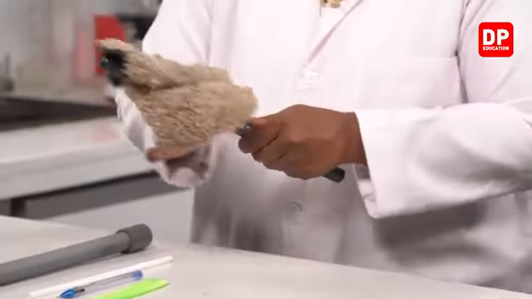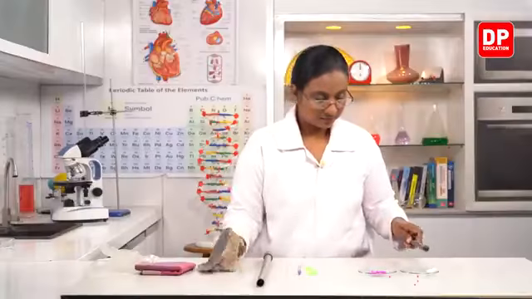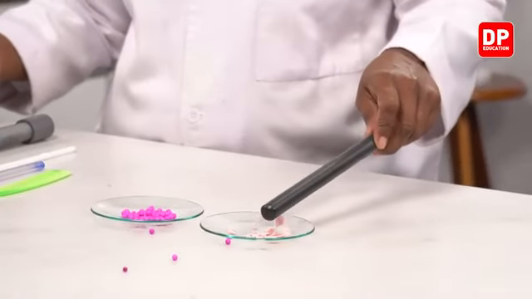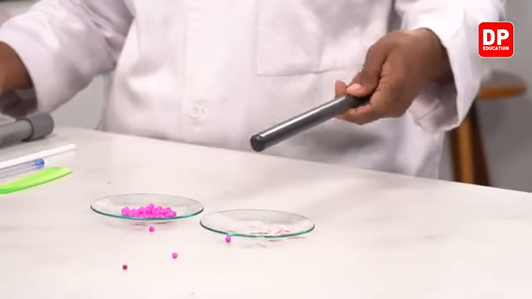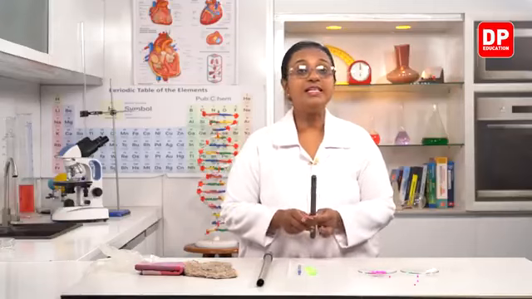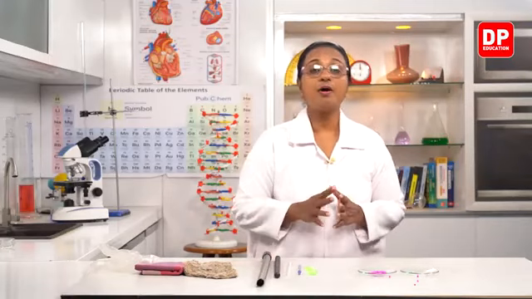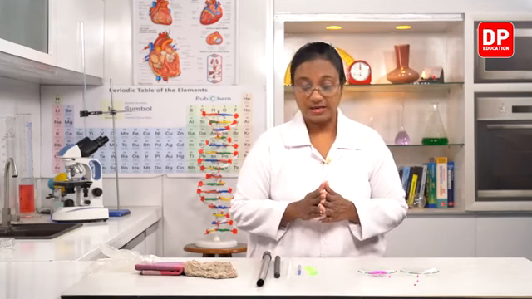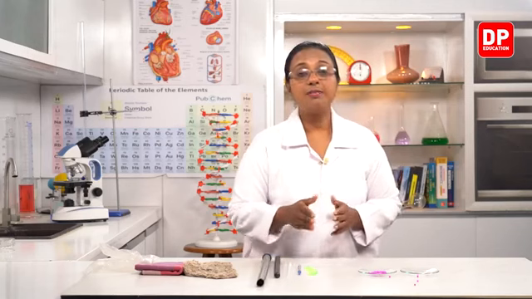Same thing we can try with tiny pieces of paper. Here you can see the pieces of paper get attracted. So all these are due to the static electric charges formed on the surface of this insulator material. Comb, tube of a pen, straw, ebonite rod.